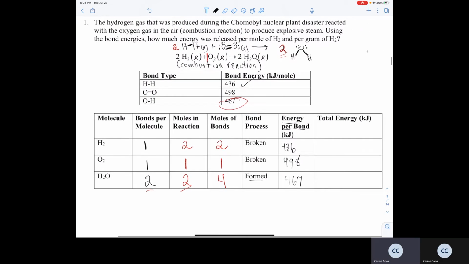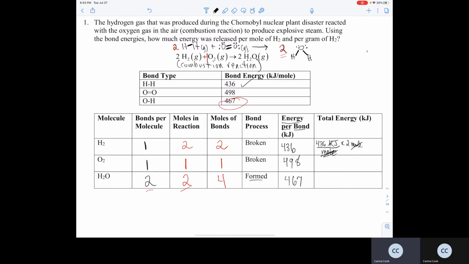So to calculate the total energy, for H2 we have 436 kilojoules per mole, and there are 2 moles.